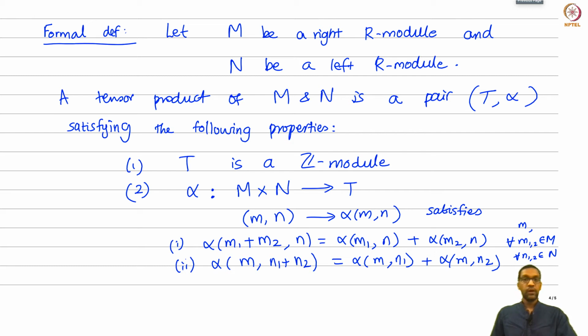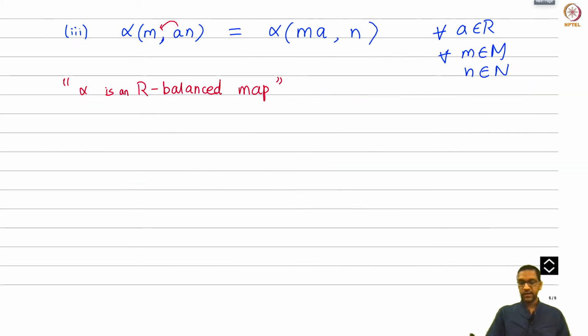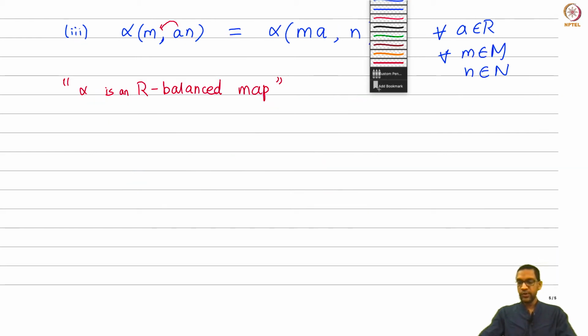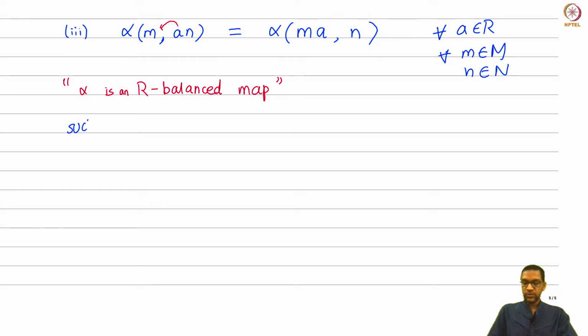T is a Z module, alpha is an R balanced map from M cross N to T, satisfying a certain universal property. This R balanced is what replaces just bilinearity. When R was Z, we only required alpha to be bilinear; when you take an arbitrary ring R, then we also require alpha to satisfy this third property.